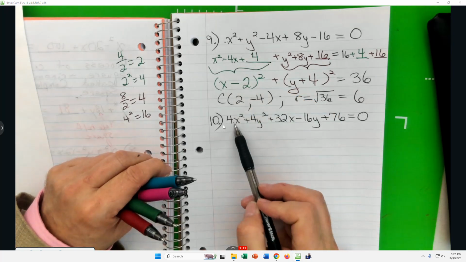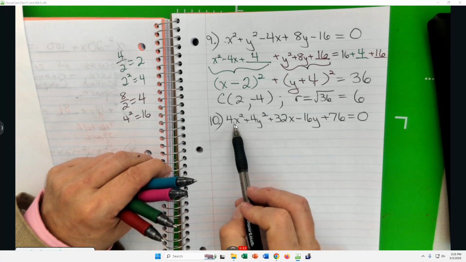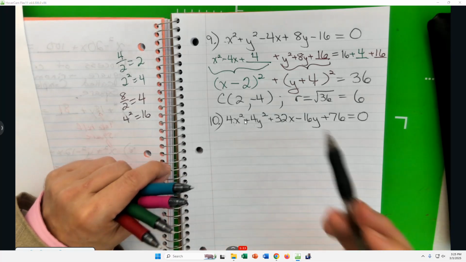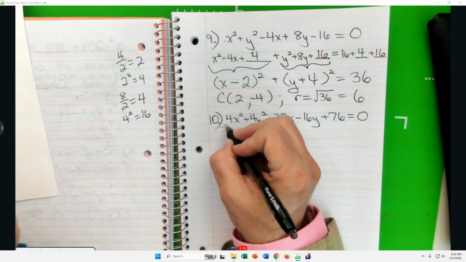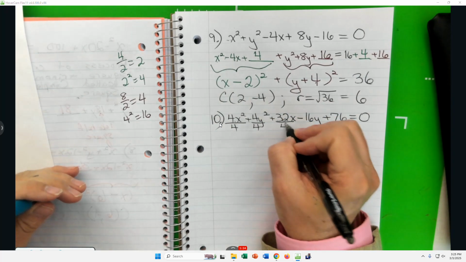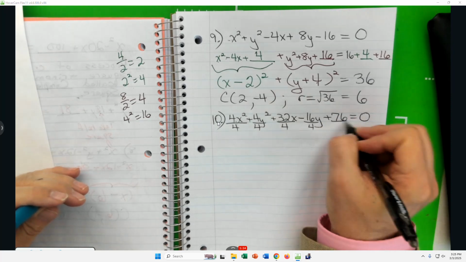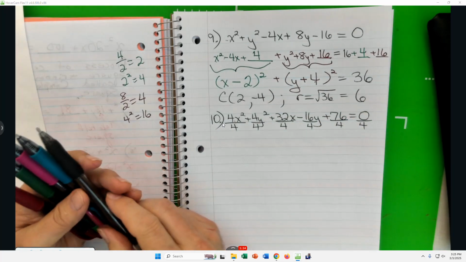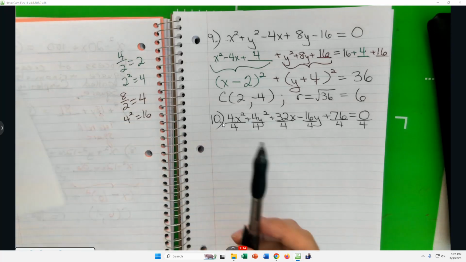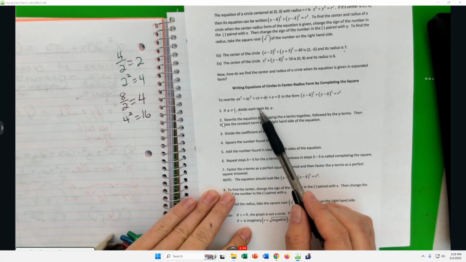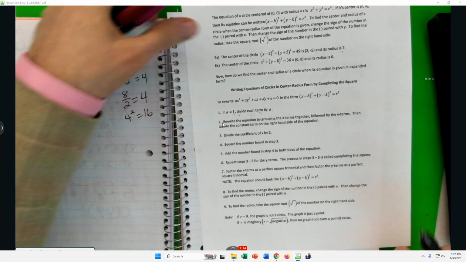So if you have a number in front of x squared other than 1, you'll have the same number in front of y squared. Simple enough solution, I should say. Divide through by whatever that number is. That's what step 1 on your little handout said. Divide through. If the number in front of x squared is not 1, divide each term by that number.